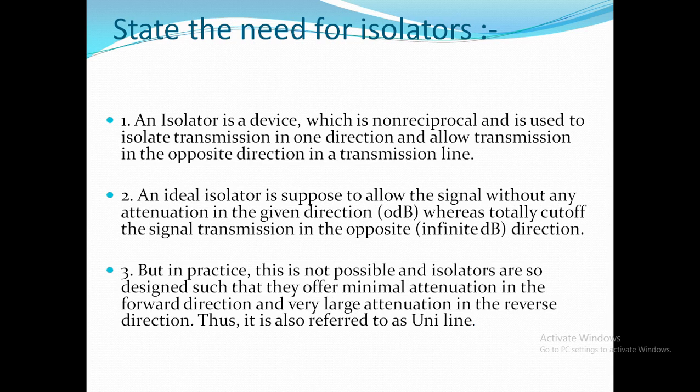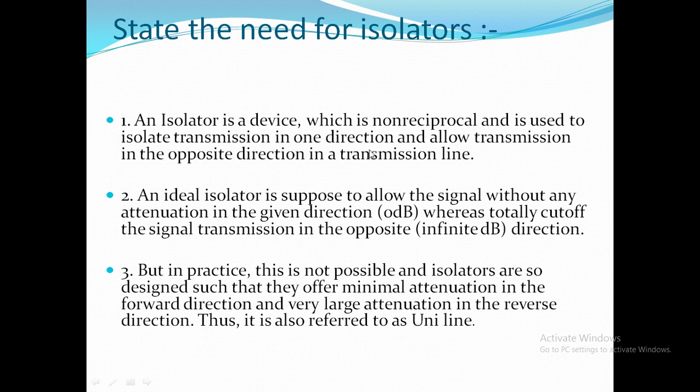An ideal isolator is supposed to allow the signal without any attenuation in the given direction, whereas it totally cuts off the signal transmission in the opposite direction.